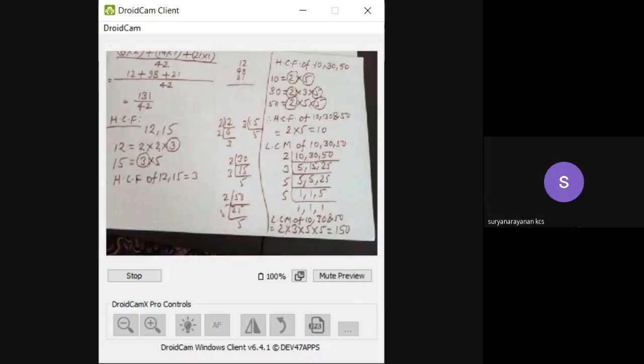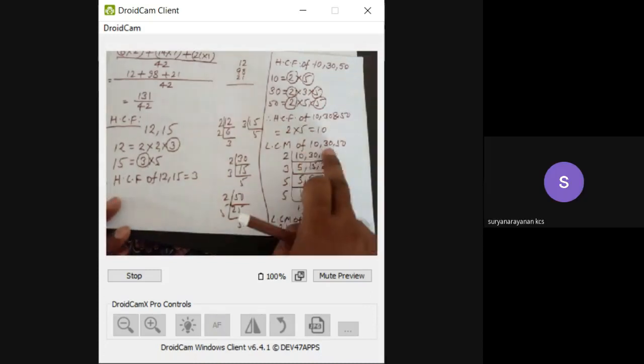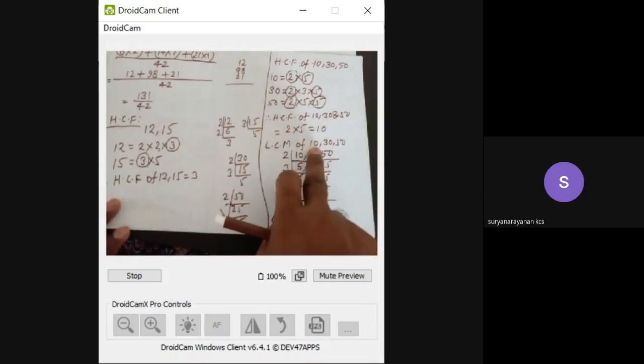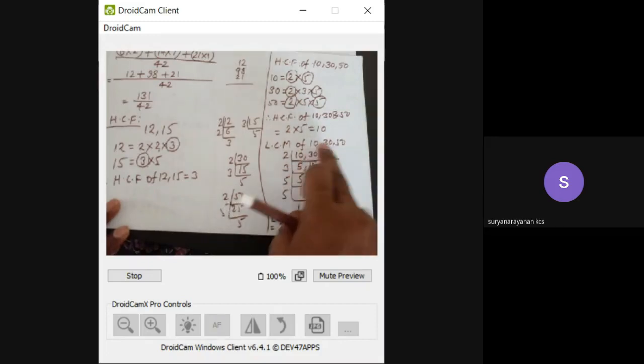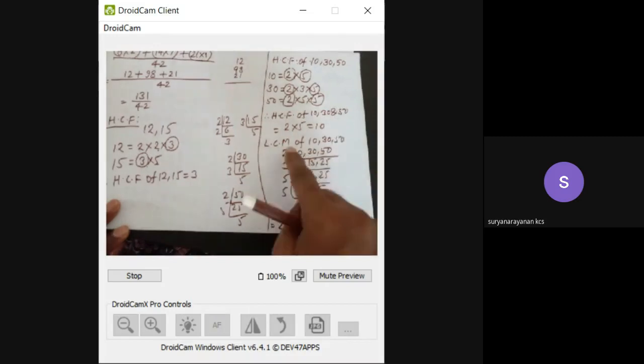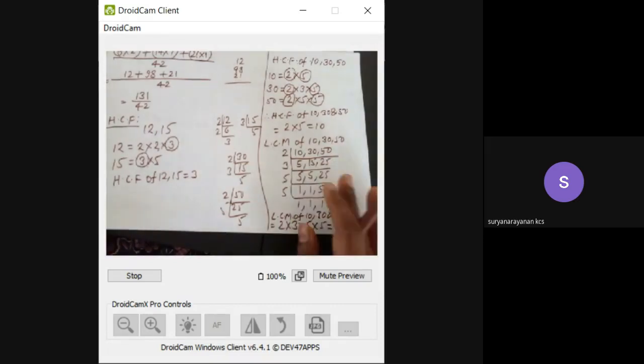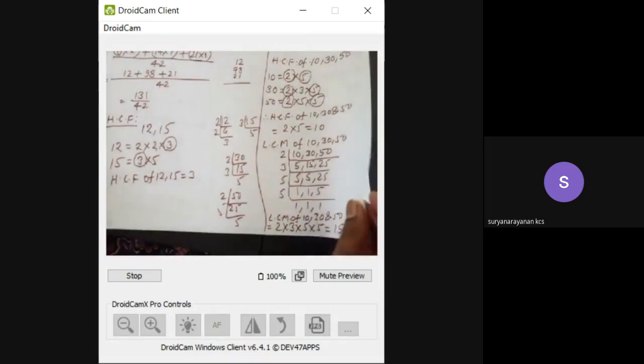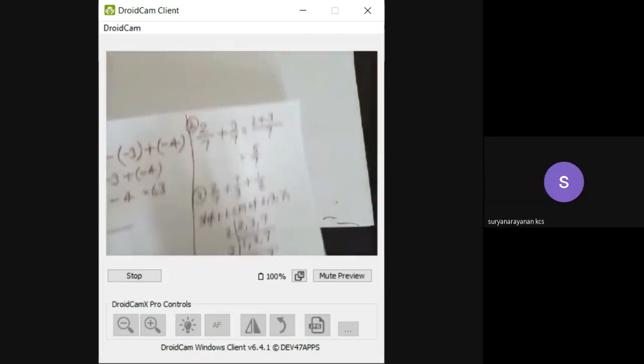Yes, sir. Don't go to the 10 table directly. Of course, 10 divides 10, 30 and 50, but we should not follow that procedure. This is the correct procedure. Don't take 10 1 times, 10 3 times, 10 5 times like this. Got this point, my dear children?